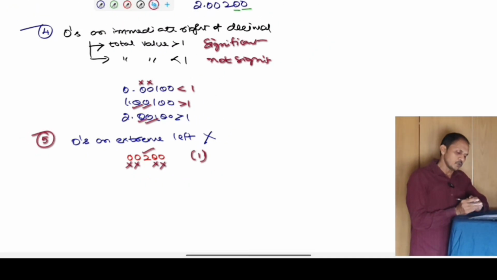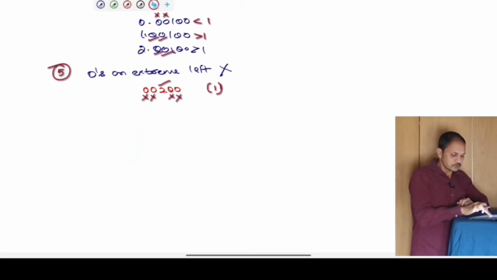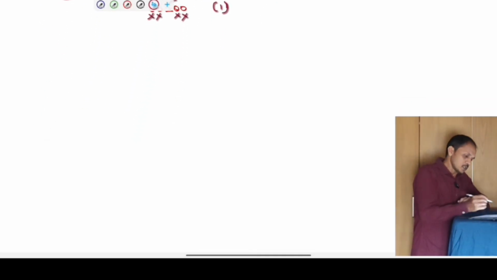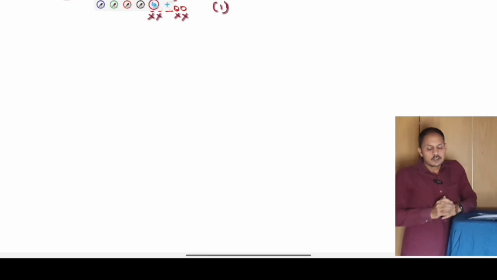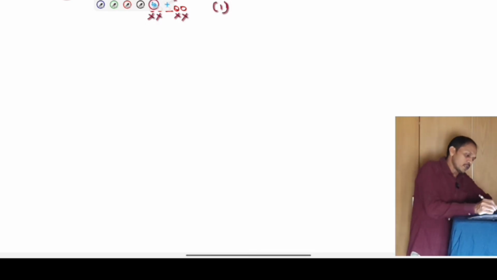Easy. Now there is one special rule. Suppose you get a measurement directly. Let us say I said there are 5 fingers in my hand. Then I'm writing 5 fingers. How many significant figures are there in this?